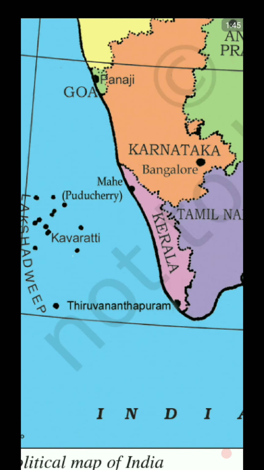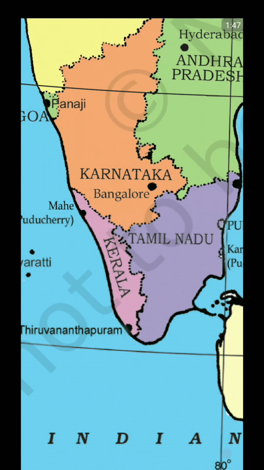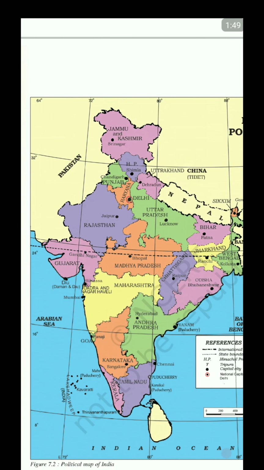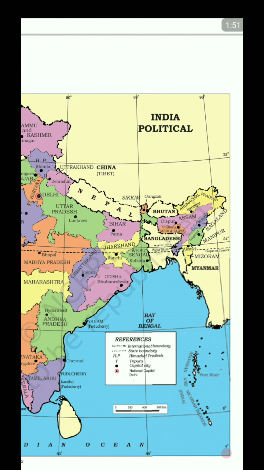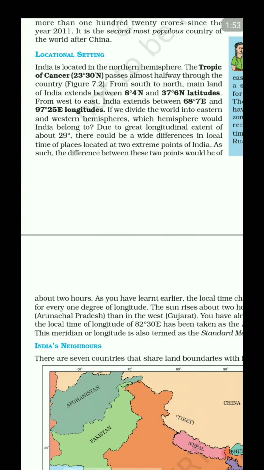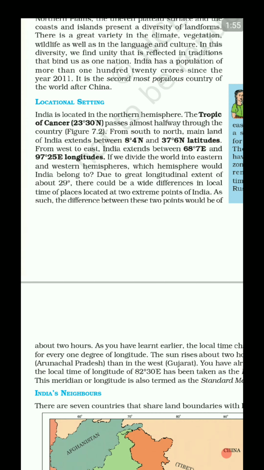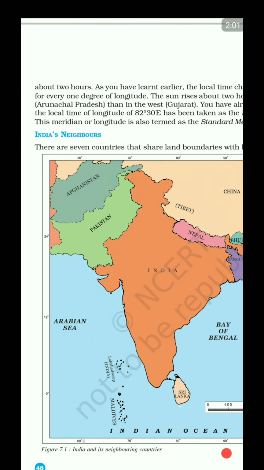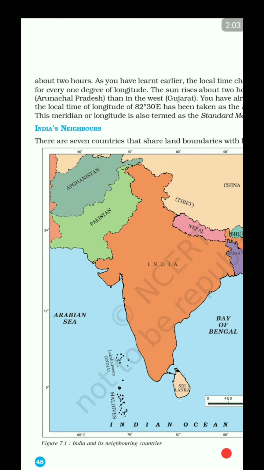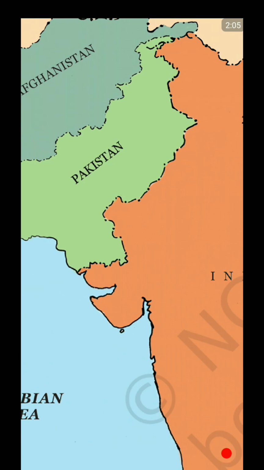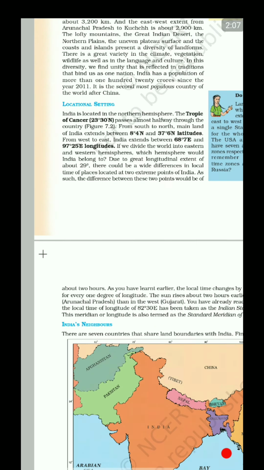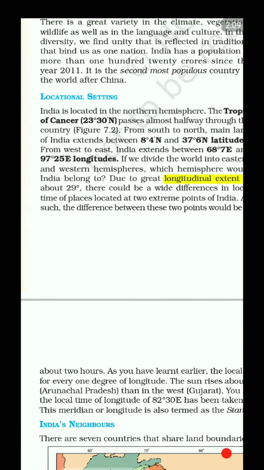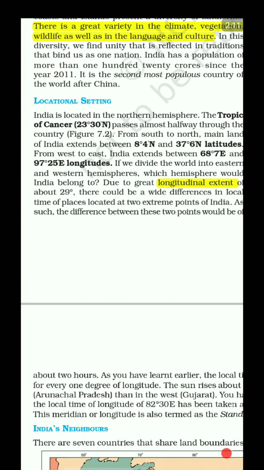So this region is 8 degree 4 minute north up till 37 degree 6 minute north latitude, right? And from east to west, it is roughly 68. This part of India, the Kutch part of India, starts from 68 degree 7 minute east to 97 degree 25 minute east longitude.